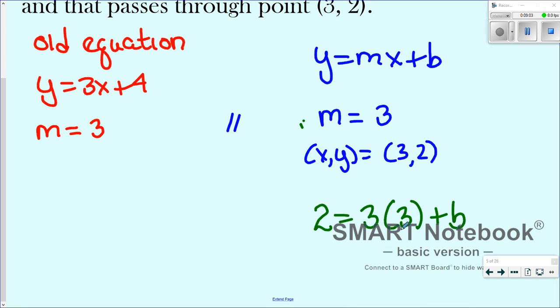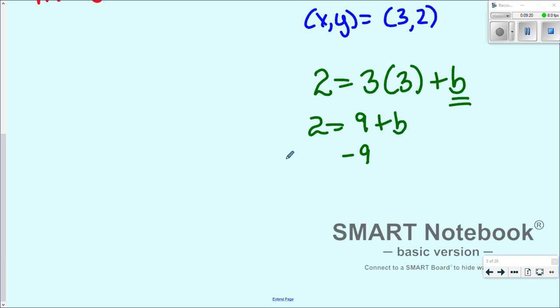I'm working with the watermark and can't move it, so you can try to look at it as best as you can. I'm going to say the letters and the numbers with it. So we're solving for b. We simplify. This will give us 9 plus b. Then we subtract 9 on both sides, and we get b equals negative 7.